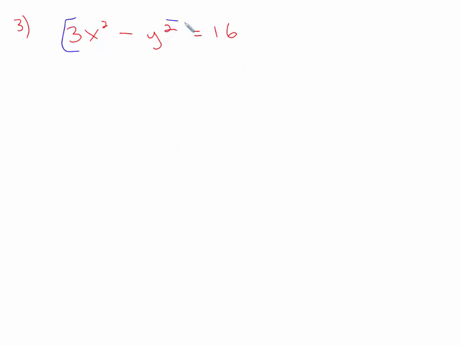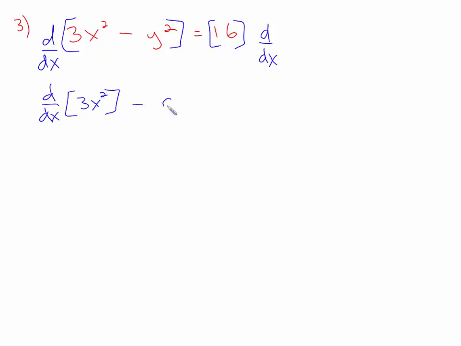I'm going to take the derivative with respect to x on both sides. So d/dx of 3x squared minus d/dx of y squared is equal to the derivative of this constant, which is 0.